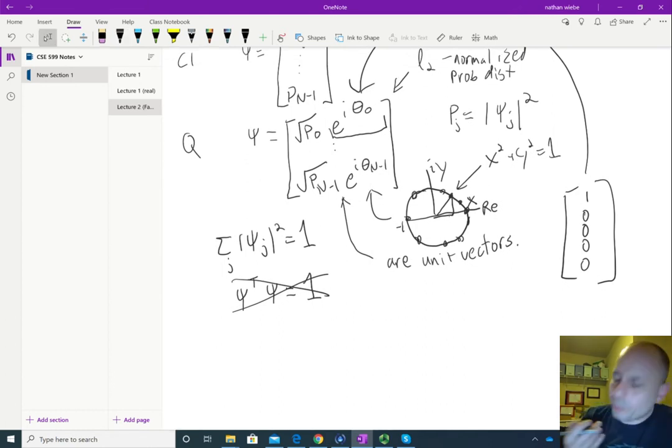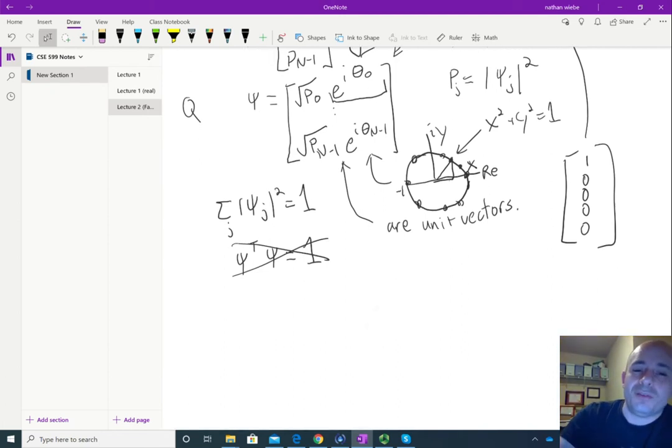They're not strictly real like they were in the case of probabilistic reversible computing. So what we need is a slightly more sophisticated adjoint. Instead of the transpose, we need a Hermitian conjugate, or conjugate transpose, or adjoint, which is represented by this dagger symbol up here.